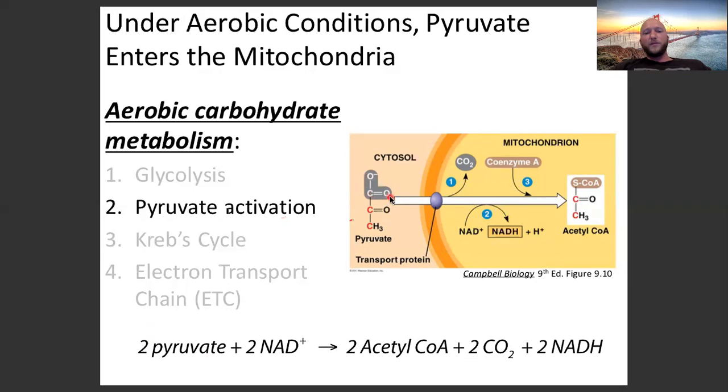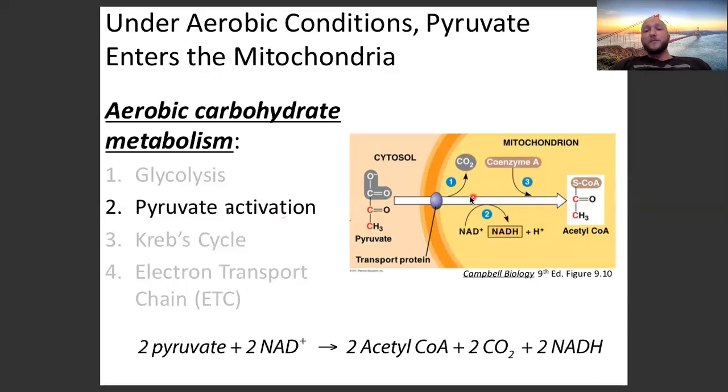You can see right here in gray, we have a carbon and 2 oxygens, a CO2. We're going to lose 1 CO2 per pyruvate, leaving us with something called acetyl-CoA. Acetyl-CoA has 2 carbons. So we start with 3 carbon pyruvate, we end up with 2 carbon acetyl-CoA.